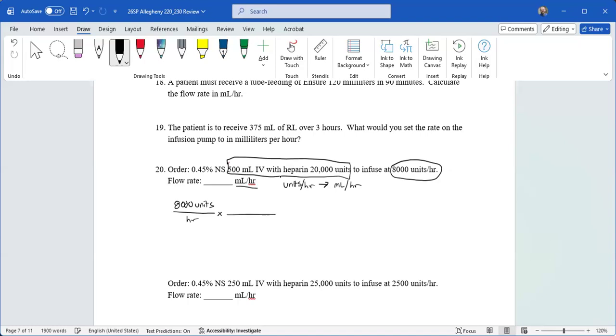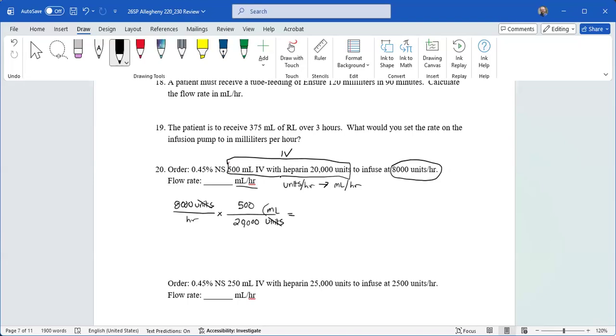I don't want units per hour, I want milliliters per hour. So I need to check that I have a way to connect units and milliliters, and that's what the IV allows me to do, because this is all in one IV bag: 500 milliliters of the 0.45% normal saline, 20,000 units. Then I match the numbers with the unit they go with: 500 for the milliliters, 20,000 for the units.